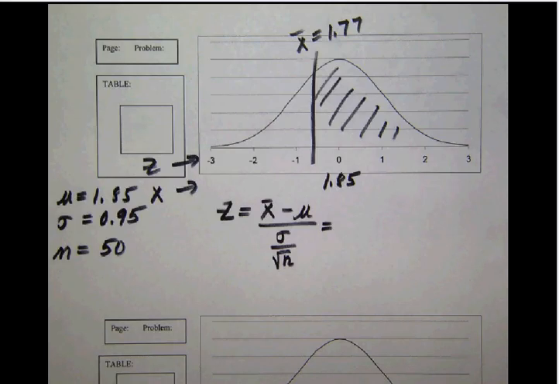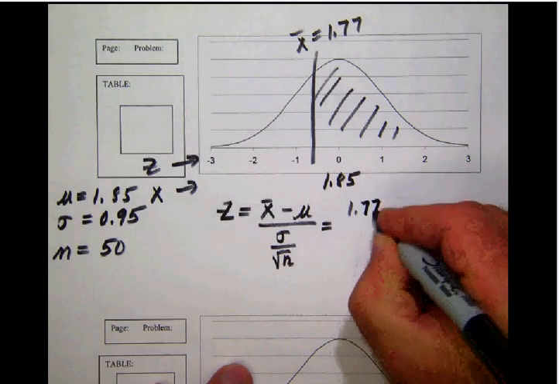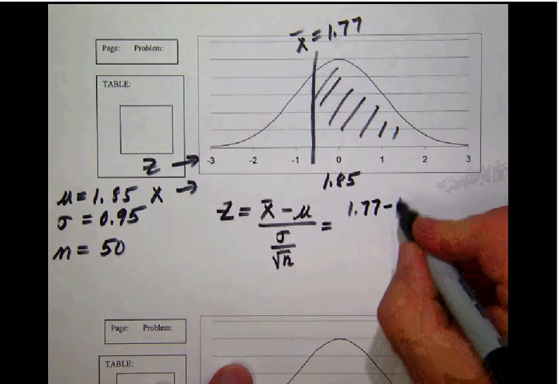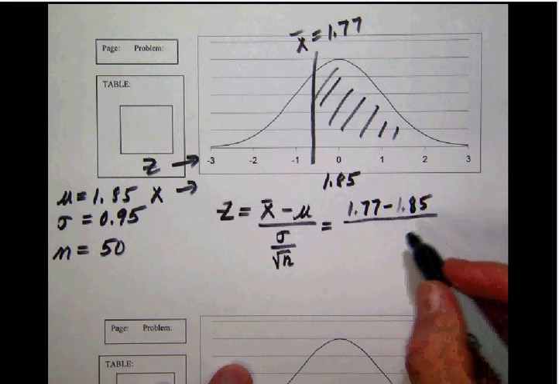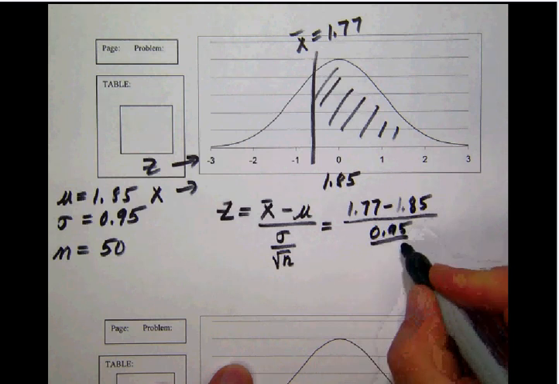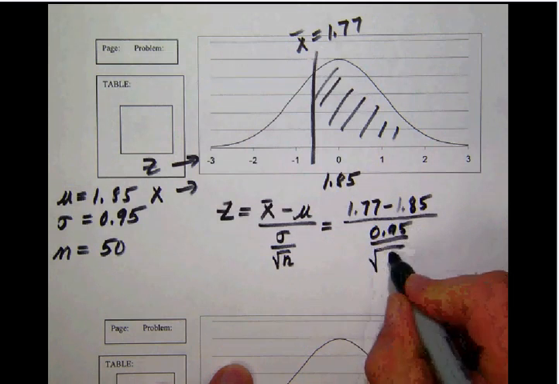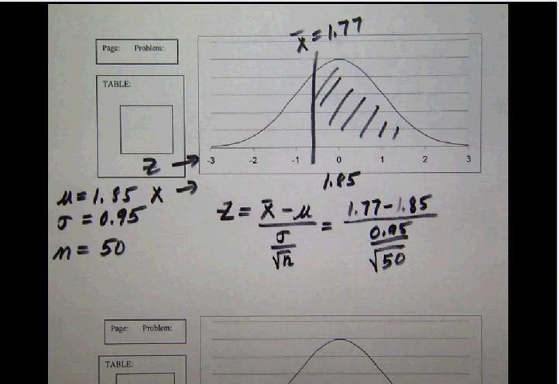So we plug that in, 1.77 minus mu, which is your 1.85. We're going to divide that first of all by sigma, which is 0.95, but in turn we're going to divide that by the square root of 50. So we're going to have this stacked fraction, and so that takes a little bit of finesse here.